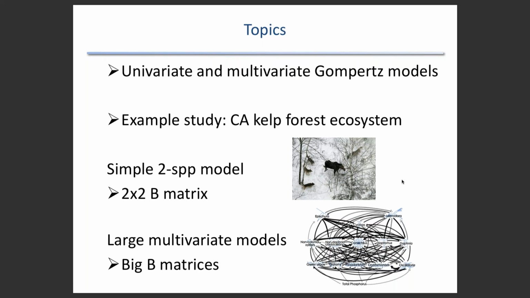And then Mark will talk about a kelp forest example study. I'll show some examples with two species models, and then we'll talk more about dynamics of these large community systems and understanding what you get out of the B matrix for understanding the dynamics of those systems.